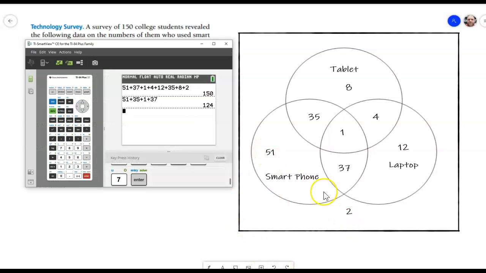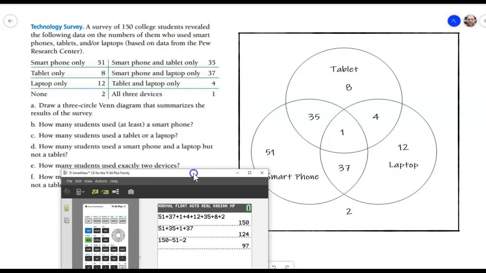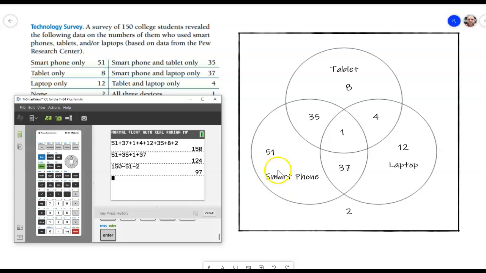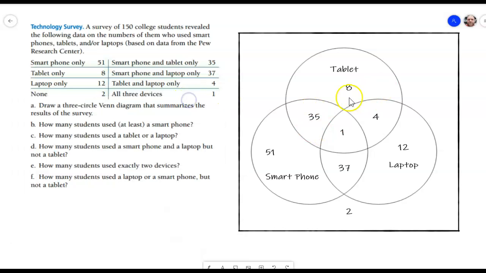So it's going to be everything, or I could just do the 150 minus the 2 numbers that we're not using, right? Minus 51 minus 2. So that should be 97. So 97 students used a tablet or a laptop, right? Because the only ones that we're not counting are the ones that used a smartphone only, or the ones that used none of them. Other than that, all the students either used a tablet or a laptop.